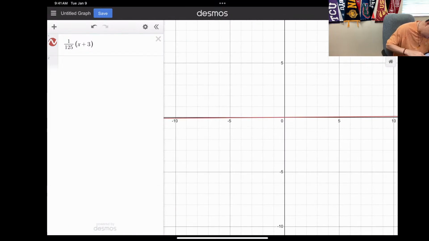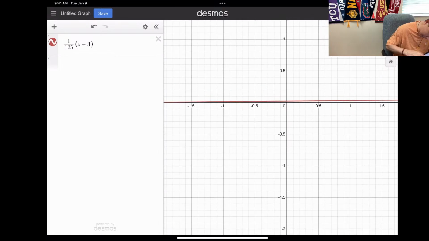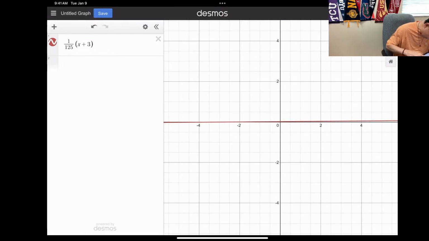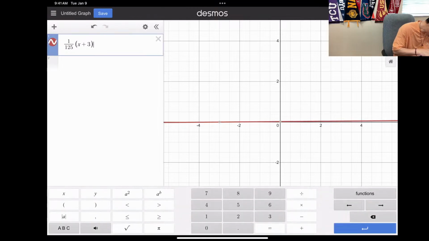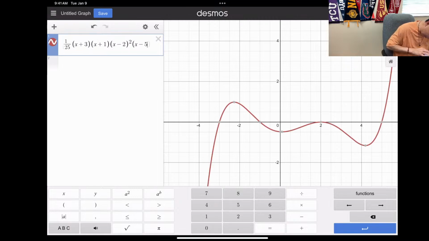Wait, hold on a second. Why is it like this? Oh, x plus 3. Okay, and then x plus 1, and then times x minus 2 to the how many power? Second, and then x minus 5 to the third.